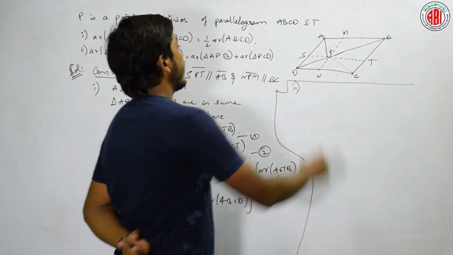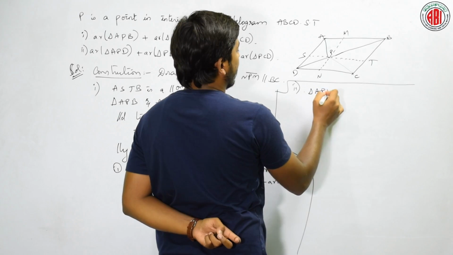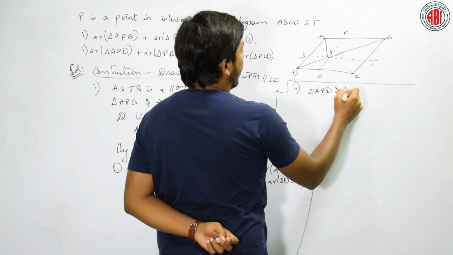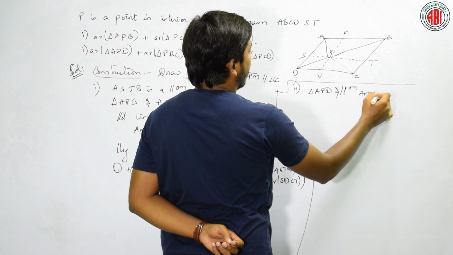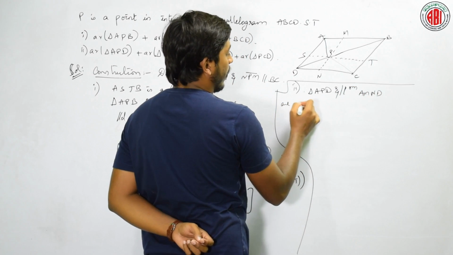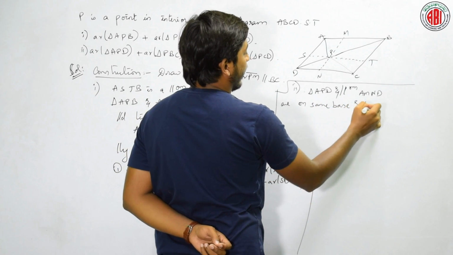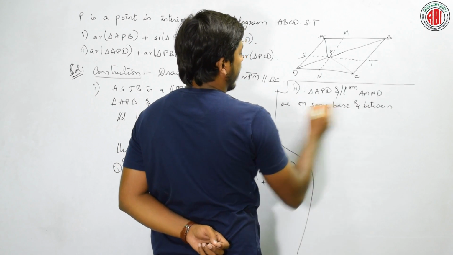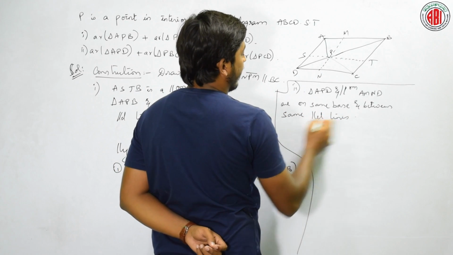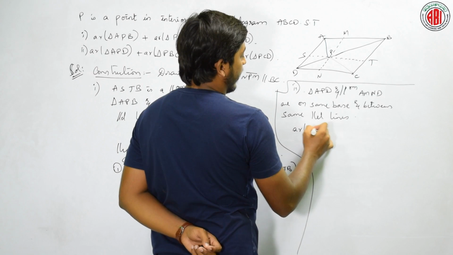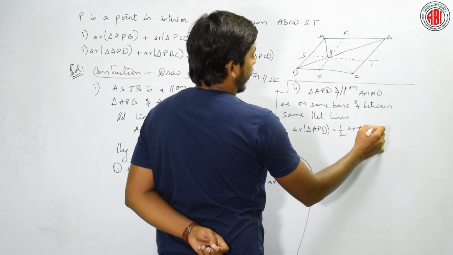Just check here, again the same thing, triangle APD and parallelogram AMND are on the same base and between the same parallel lines, then the area of triangle APD is half of the area of AMND.